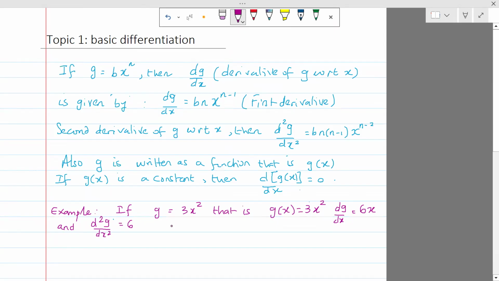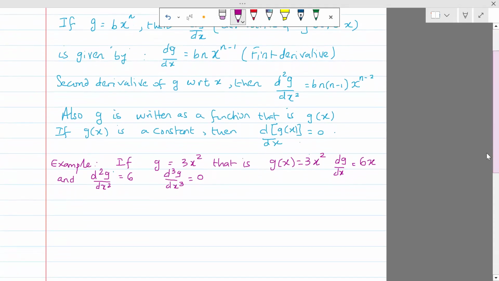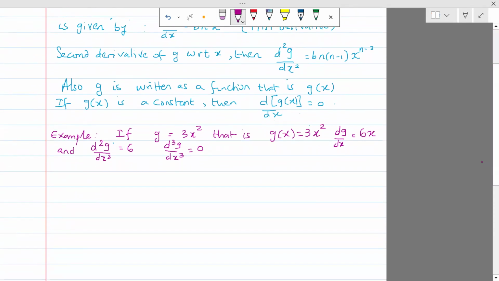Therefore, it becomes 6. And if I want to find the third derivative, the constant here, like we said, is going to be 0. So this is about just the basics of differentiation.